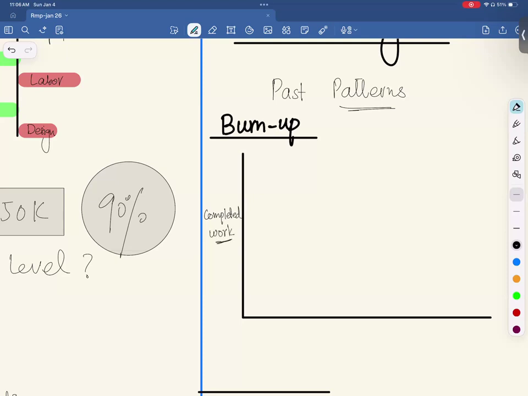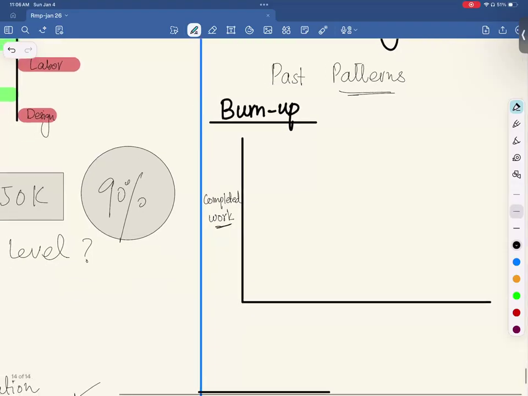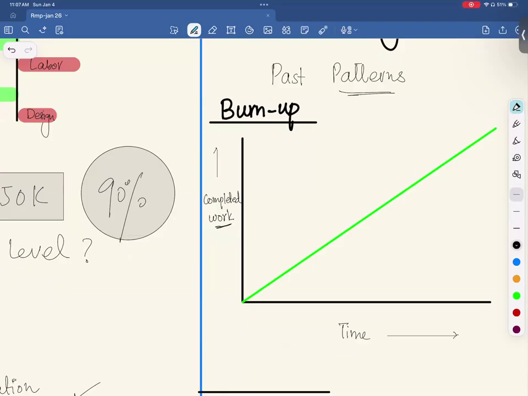Let's say ideally, as per plan, you were supposed to go like this. On this axis, we have time, and this is your completed work. And this red line is, let's say, your actual completed work.